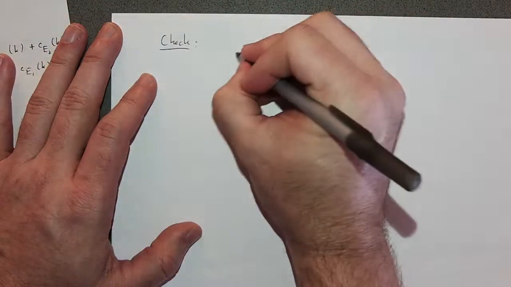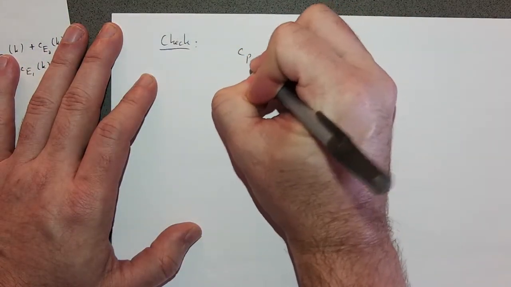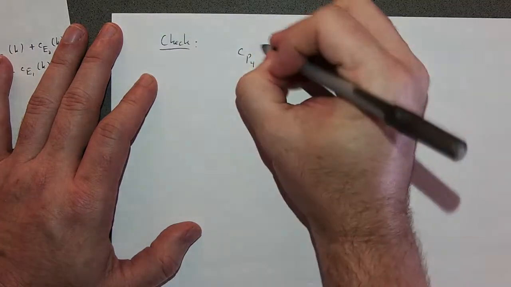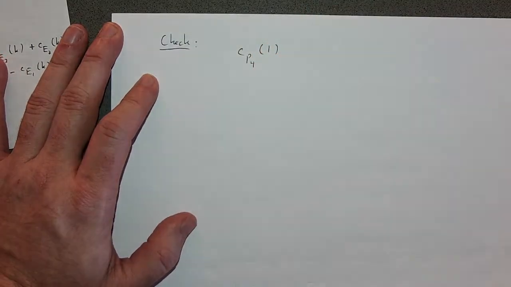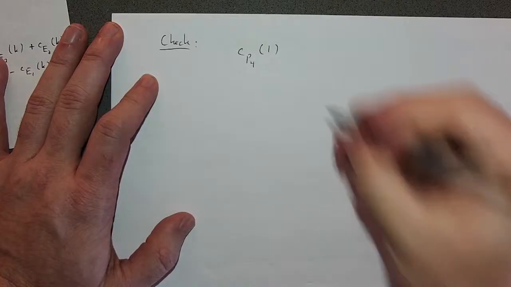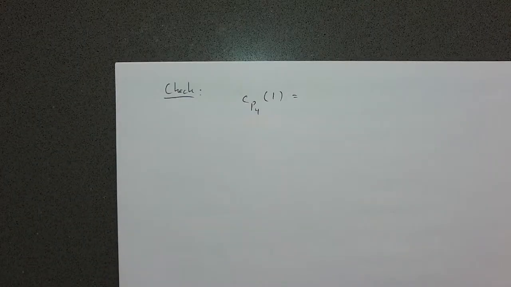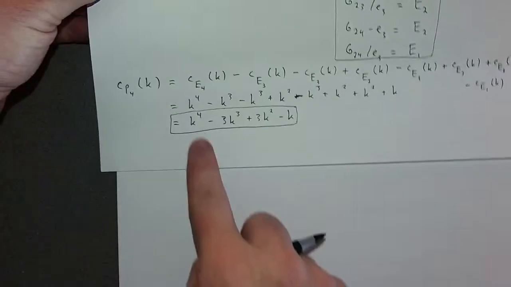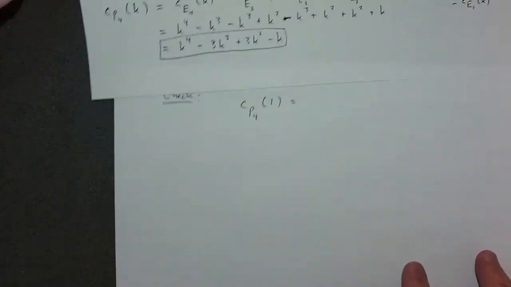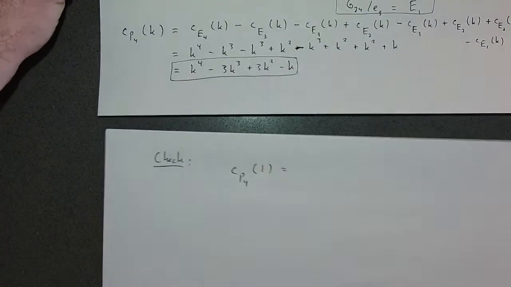According to this, what is the number of colorings on the path on 4 vertices using one color? According to this formula, we know what this should be. This should be 0. But let's use this formula.